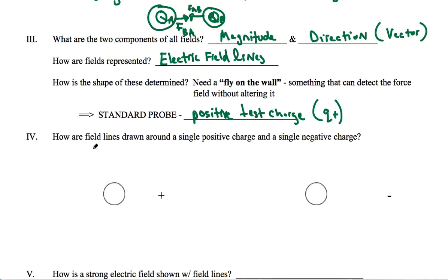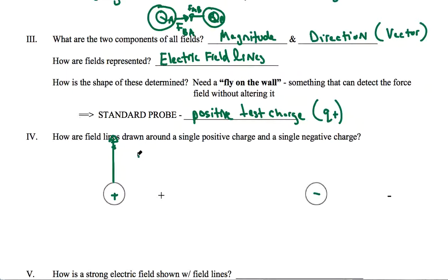So the question then becomes, how are the field lines drawn around a single positively charged object? So if I have just a positively charged object here and a single negatively charged object here, and I put my little test charge here, what way would it move? Well, of course the positive charge would repel this positive test charge, so it would move up and away.